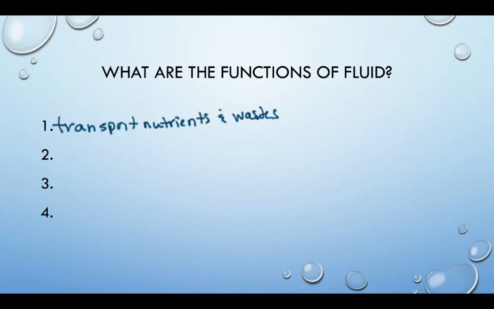So we transport nutrients to the cells and wastes away from the cells. We transport blood around the body. Ooh, that's another one. Transport blood cells, because those do different things. Remember, we're not just talking about red blood cells, we're talking about white blood cells. We're talking about fractions of cells, which are platelets. So the transport of different types of blood cells around the body.